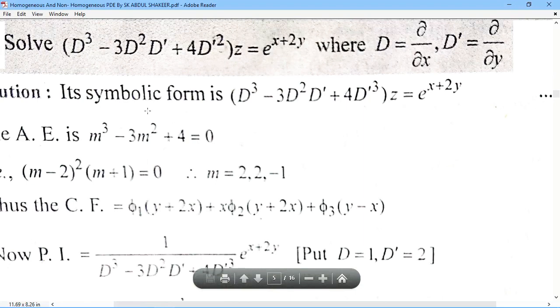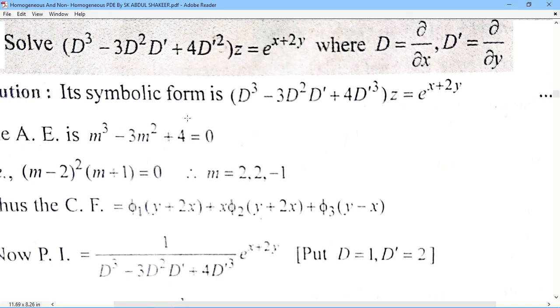Now problems. Solve the equation D cube minus 3D square D dash plus 4D dash square of z equal to e power x plus 2y, where D is dou by dou x and D dash is dou by dou y. First we have to write the symbolic form. It is already in symbolic form.